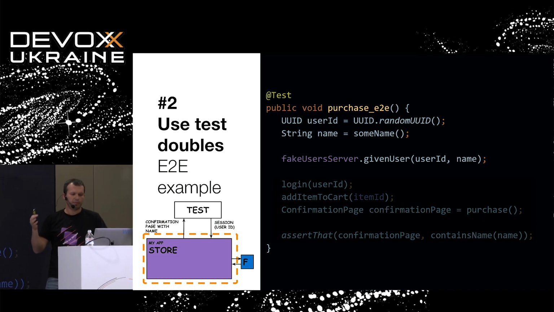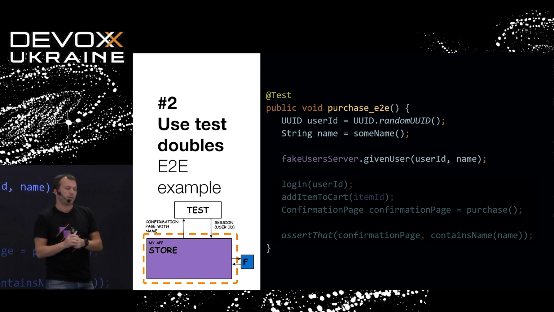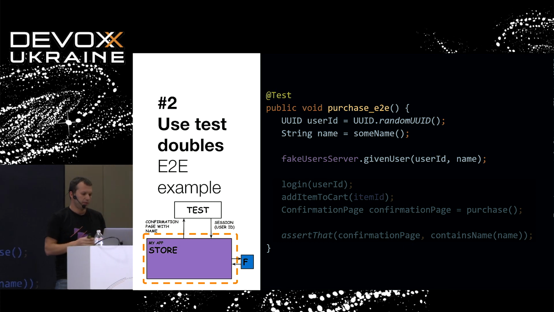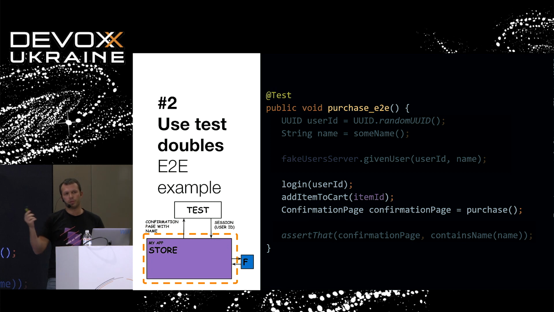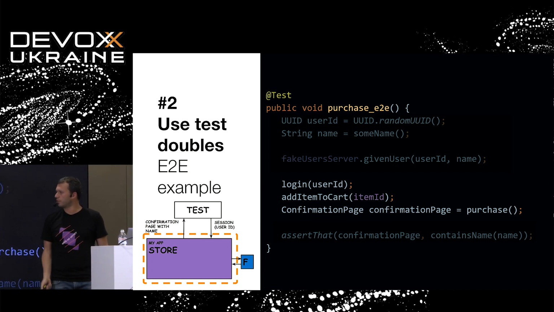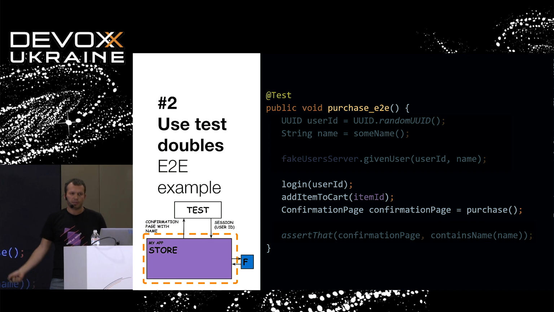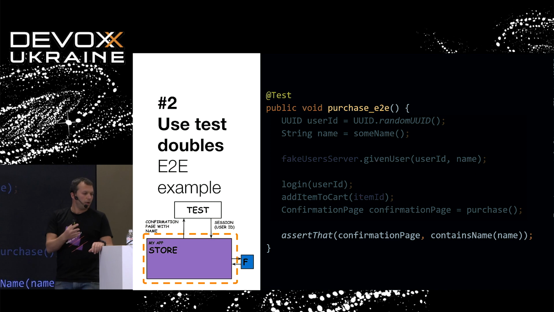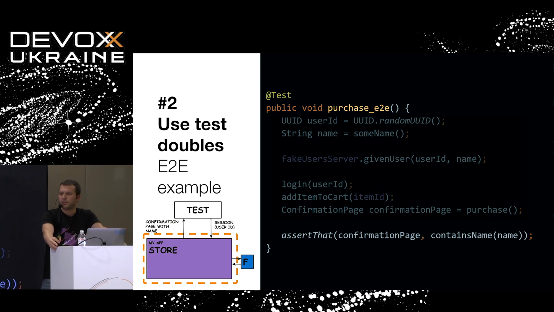So we say, given a user with this user ID, this is the name. And now this server that we have, this fake, knows what to reply. Then we act. We log in as a user, we add an item to the cart, and we do the purchase. As a result of the purchase, we get the confirmation page. And now we can assert that the confirmation page contains the name.